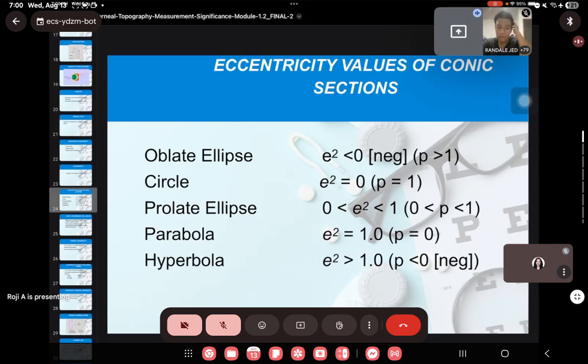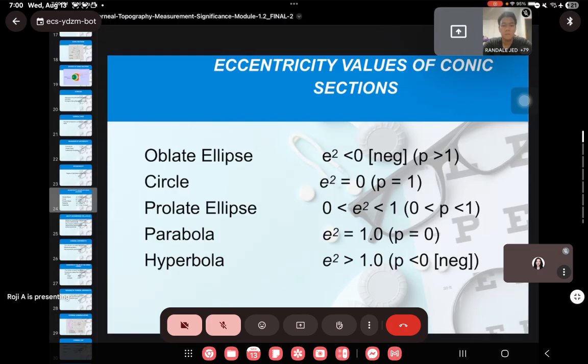I say this again. Oblate is on the negative side of 0, the oblate ellipse. The circle is 0. Prolate is lesser than 1. Parabola is 1. Hyperbola is greater than 1.